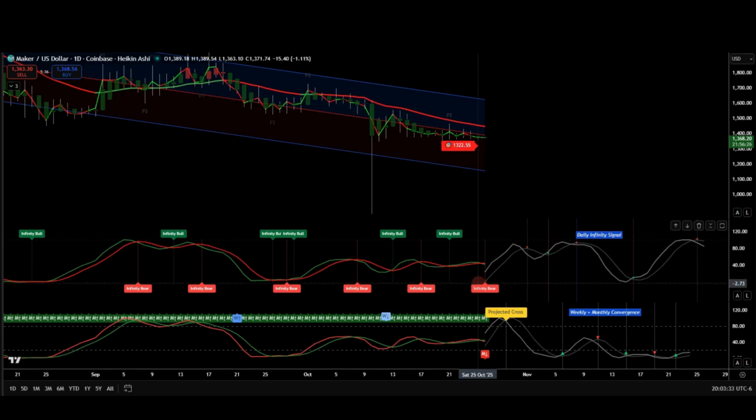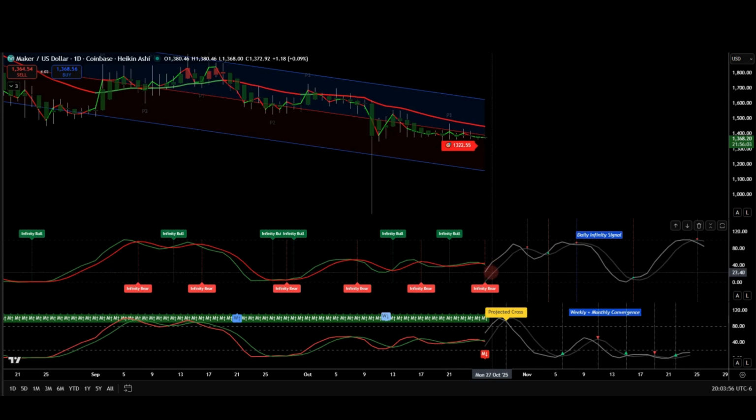5. Candle confirmation. The most recent Heikin Ashi candle is smaller, nearly neutral, and shows little to no lower wick. That tells us sellers are losing their grip. The confirmation trigger will be the first green candle without a lower wick, ideally forming near the next infinity bull balloon inside the current projection window.